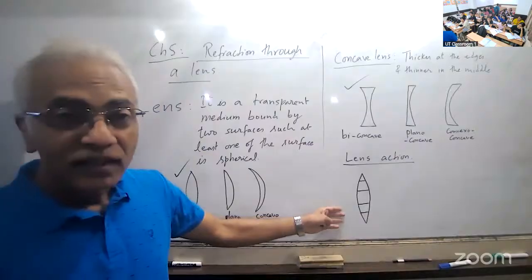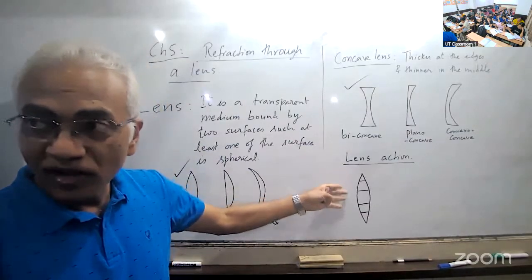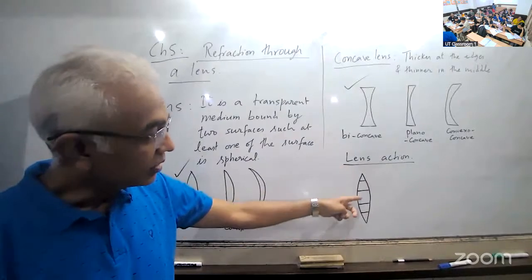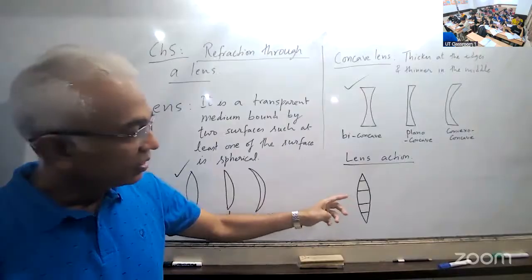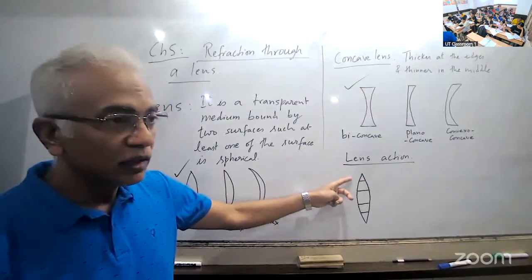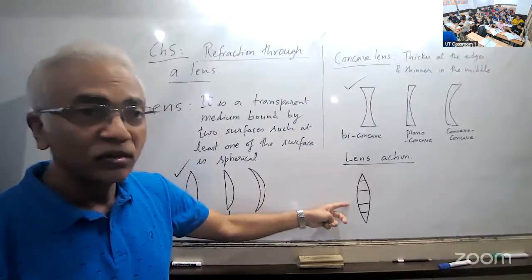You can see that it is nothing but a combination of some prisms stacked over each other and a rectangular glass slab in the middle. And you're familiar with how the ray behaves once it is refracted by a prism or a rectangular glass slab.